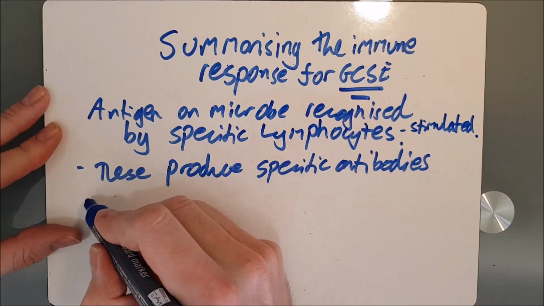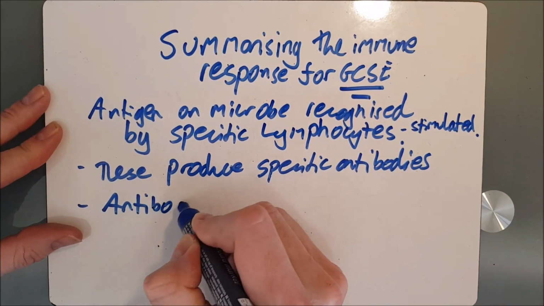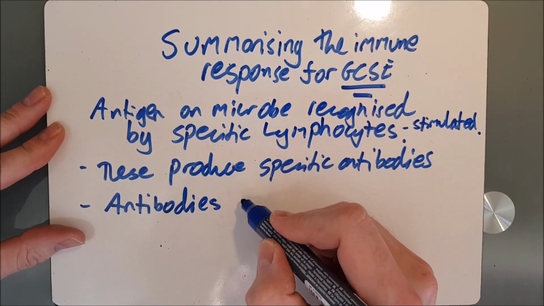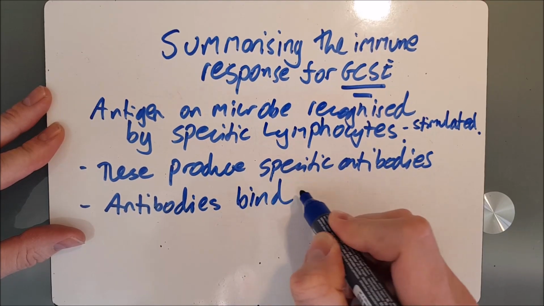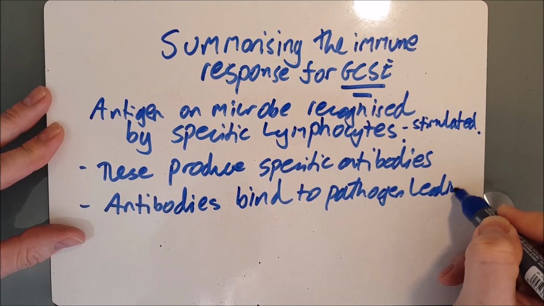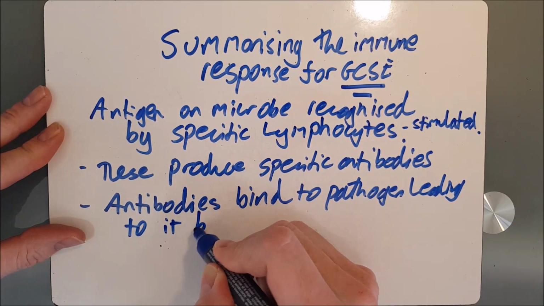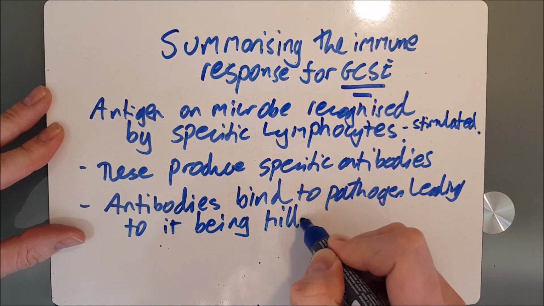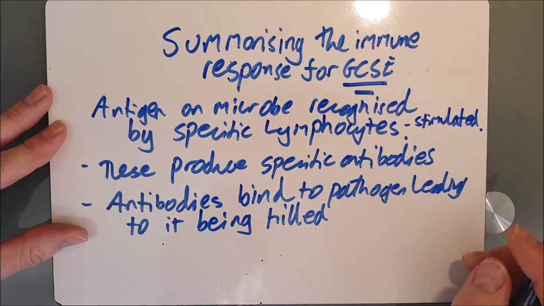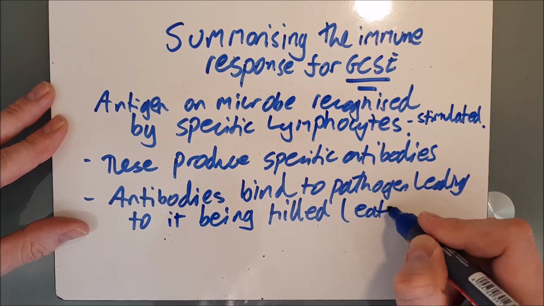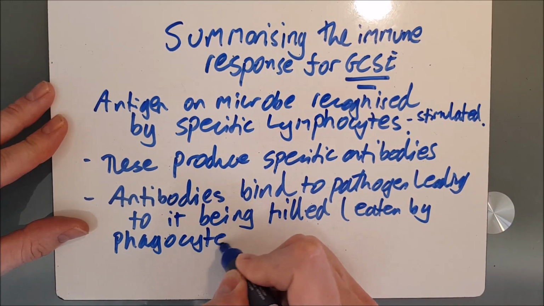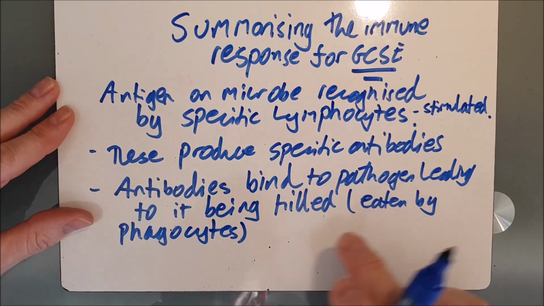The antibodies result in the destruction or death of the pathogen because they bind to it. So it's killed, probably mainly by being eaten by those phagocytic cells. But the key thing is they're killed.